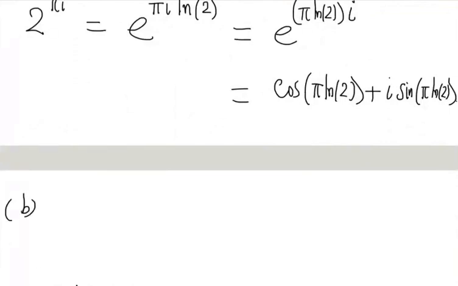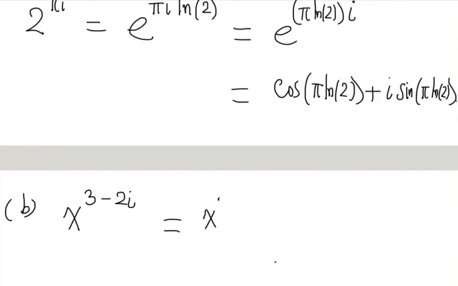Now another example, say we have x to the 3 minus 2i. Then what do you think we get? There are two ways to do it. The first way is to use the property of exponents.